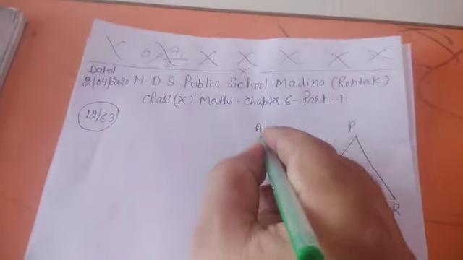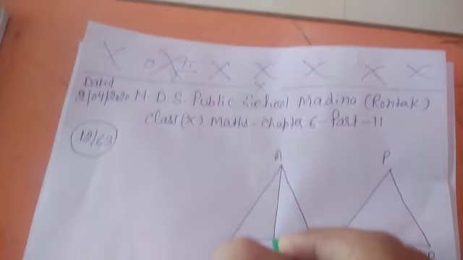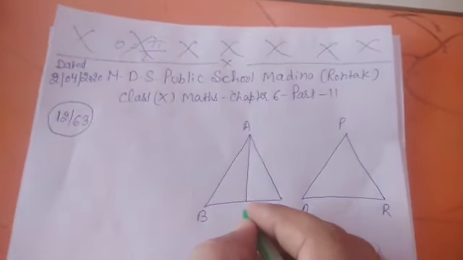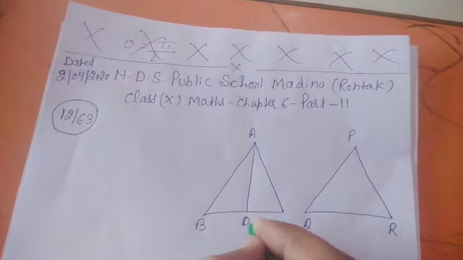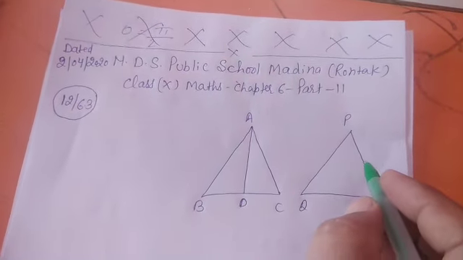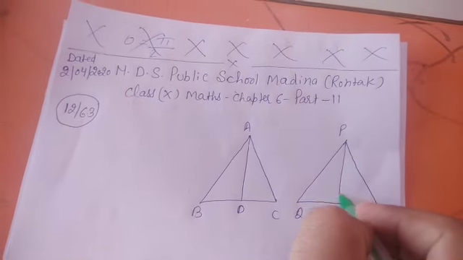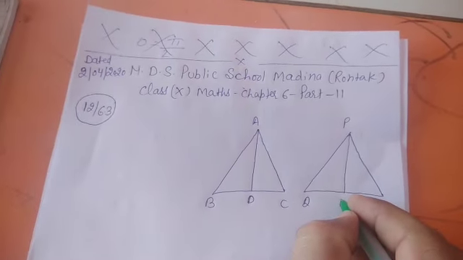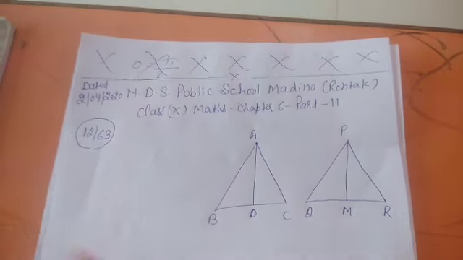AD is its median. As you know, a median starts from a vertex and divides the opposite side into two equal parts. AD is the median of this and PM is the median of this triangle.